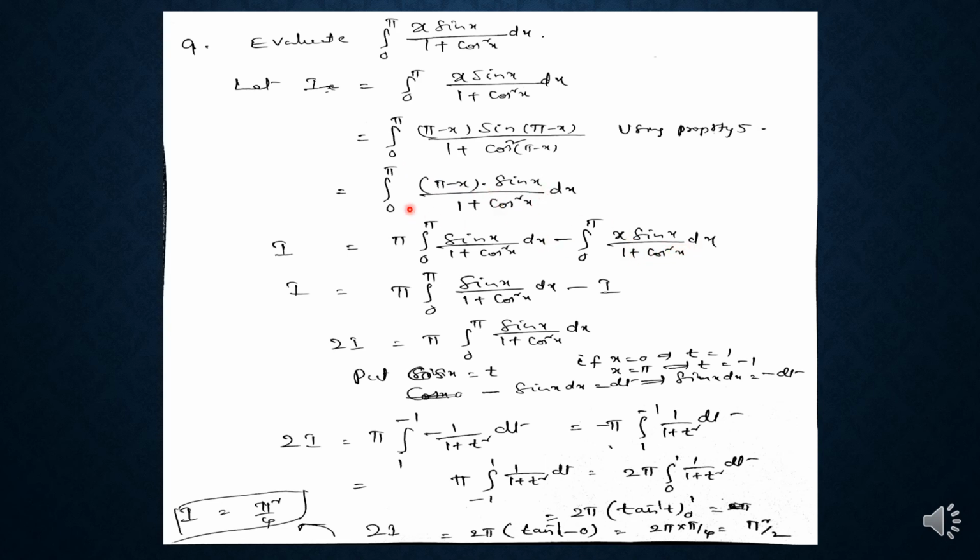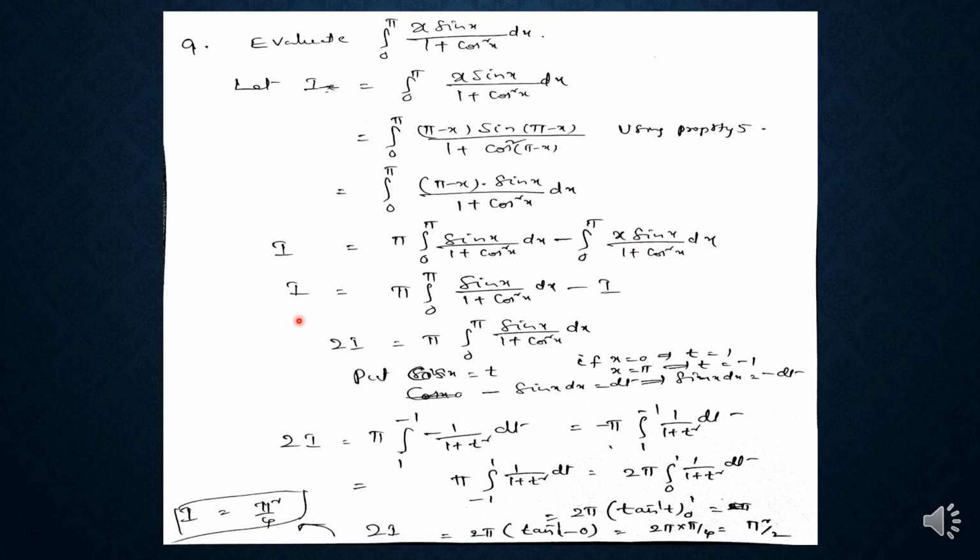Taking the constant pi out of the integral, the first term is pi into integral 0 to pi sin x by 1 plus cos square x dx, minus integral 0 to pi x sin x by 1 plus cos square x dx.